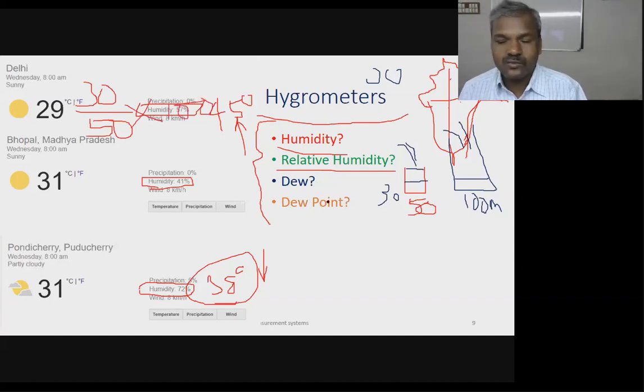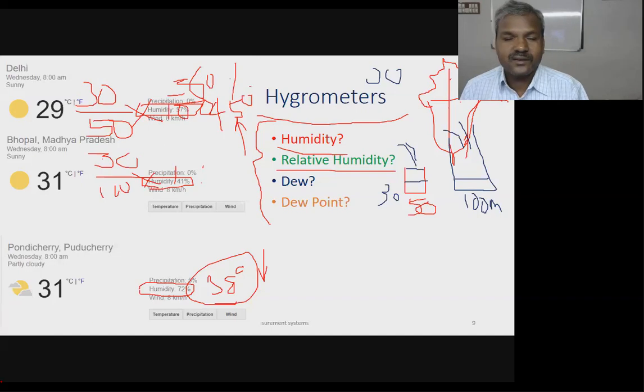Then in the same way, 30 by 100 into 100, so 30 percent here. Here almost 3 by 5, so 60 percent. So the relative humidity here is 60 percent, whereas the relative humidity here is 30 percent.